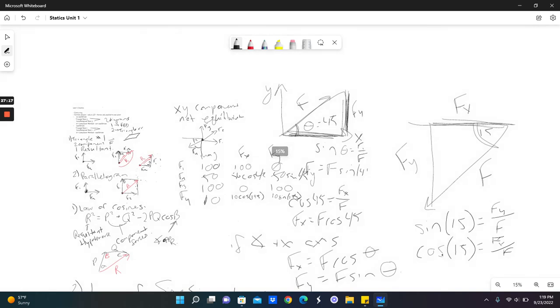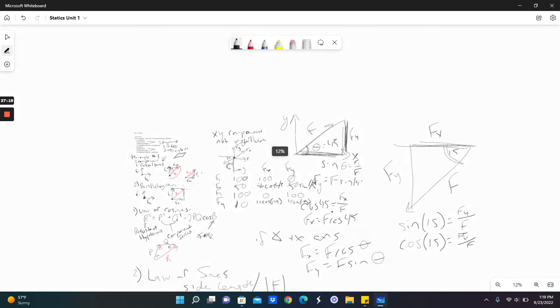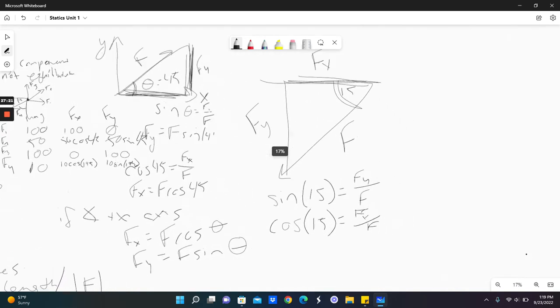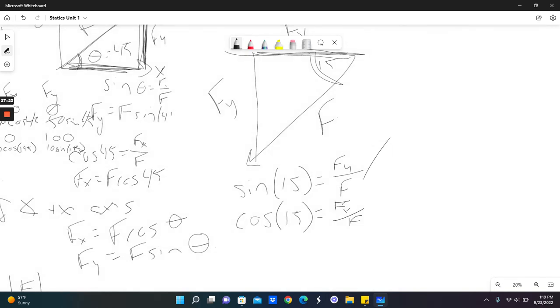So Fy equals F sine 15. That's going to get us the magnitude of Fy. However, if we are in quadrant 3, our x and our y values are both going to be negative.